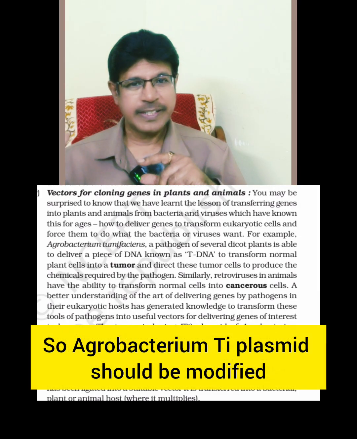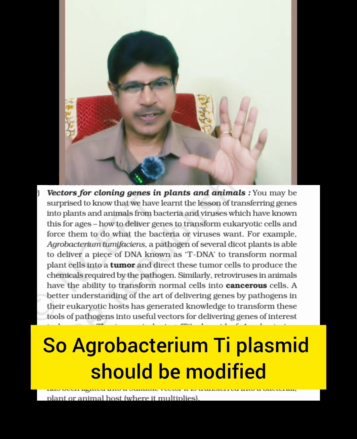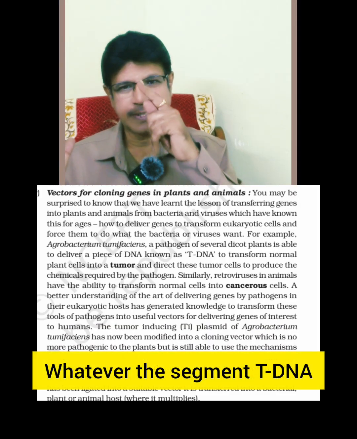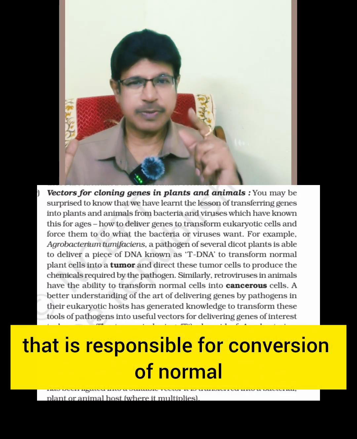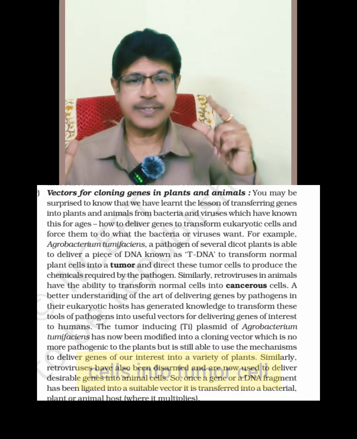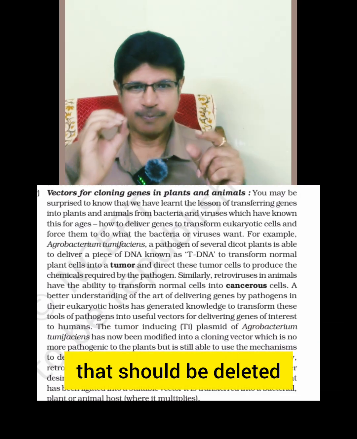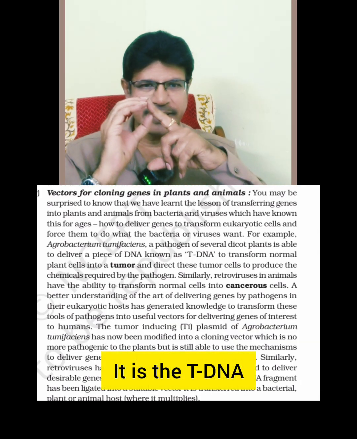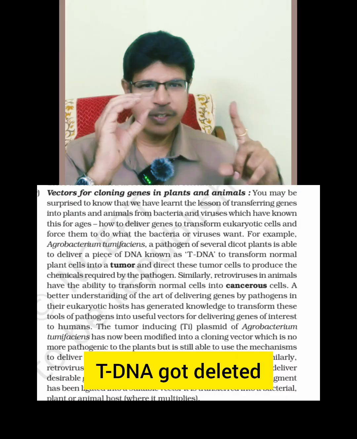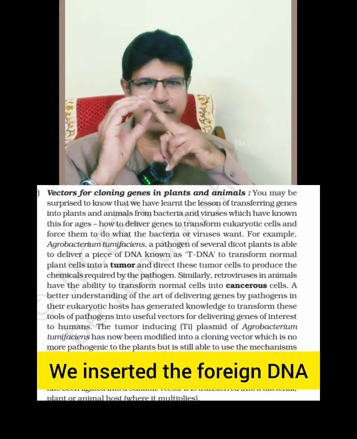So the Agrobacterium Ti plasmid should be modified. The T-DNA, the tumor-inducing sequence responsible for conversion of normal cells into tumor cells, should be deleted. Suppose this is a vector, the Ti plasmid, it is a tool. The T-DNA got deleted, and we insert the foreign DNA.